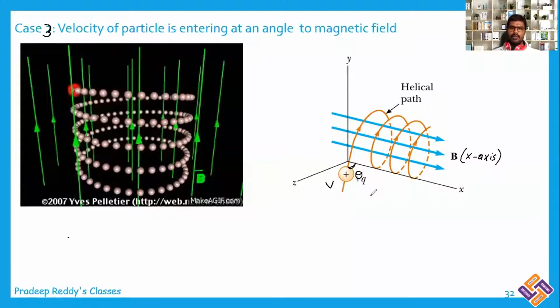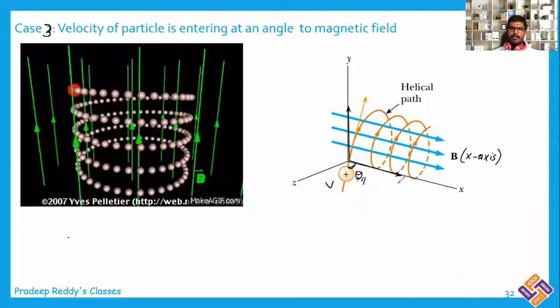What we need to do: this is the charged particle and it is entering with velocity v like this. I need to resolve this velocity into components. One component is perpendicular to the magnetic field and another component is parallel to the magnetic field.